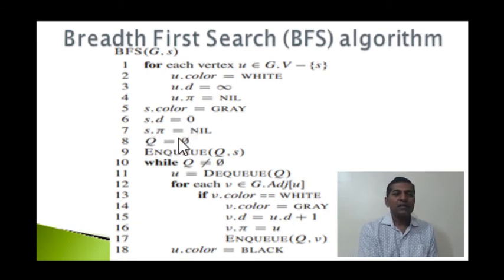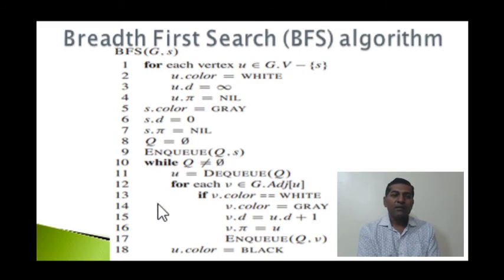There is no predecessor because this is the root, or source, of the graph. The queue data structure is used, so initially we make it empty, with nothing available in it. Then Enqueue inserts the starting vertex S into the queue.